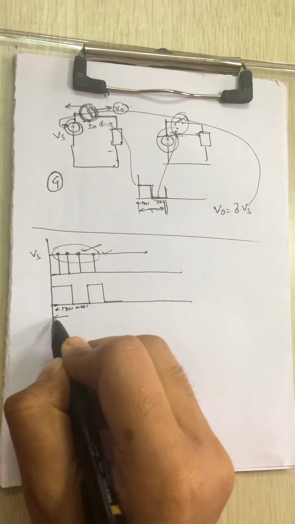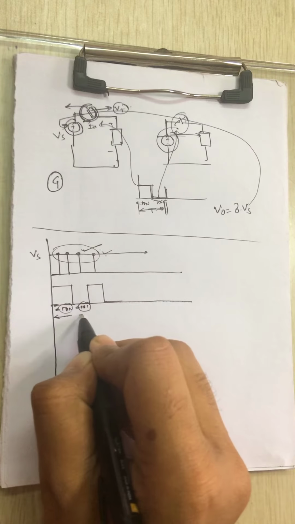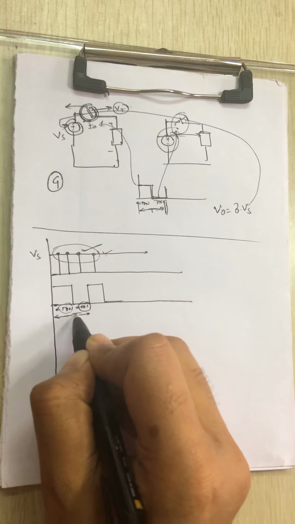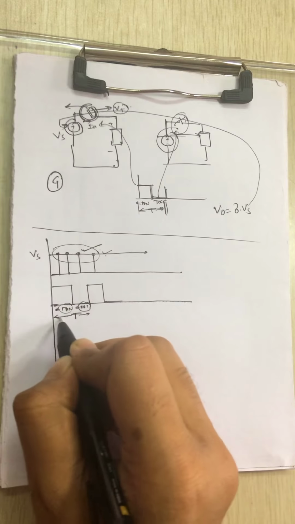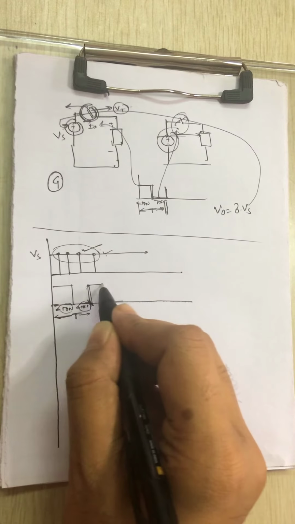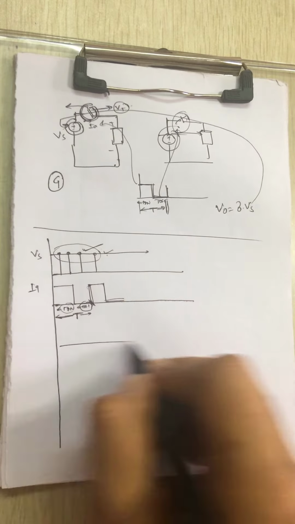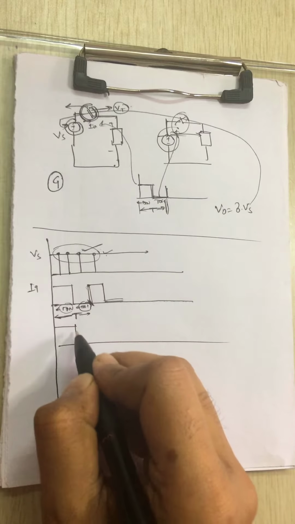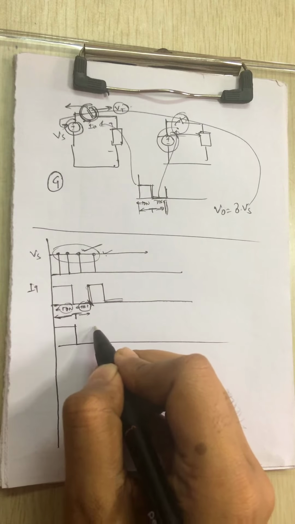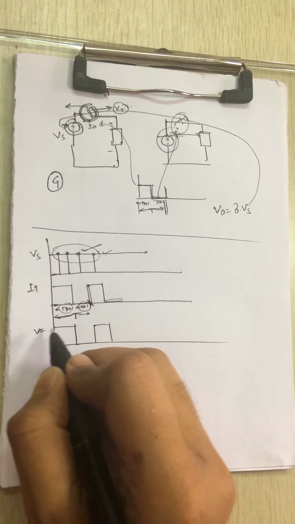Adding T on and T off gives one complete time period, because after that the same waveform appears again and again. This is Ig. When you turn it on, the output voltage waveform looks like this.